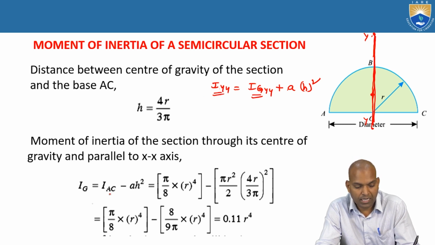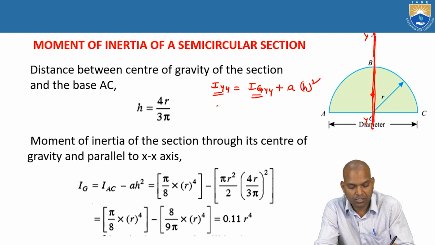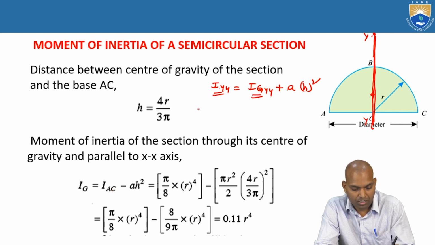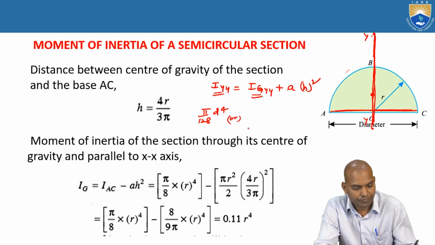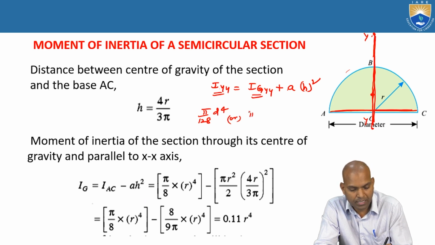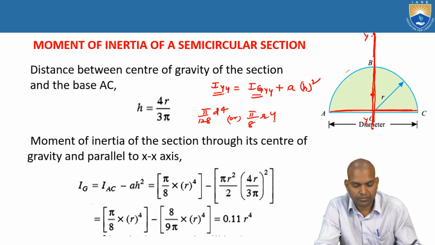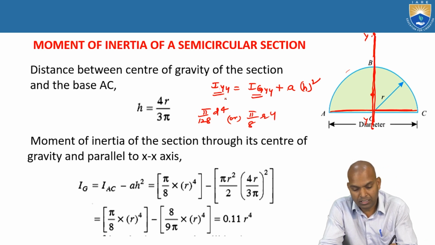As we have studied, I_AC is, for this semicircular section about the centroidal axis, pi by 128 d power 4, or pi by 8 times r power 4. This is the value we got.